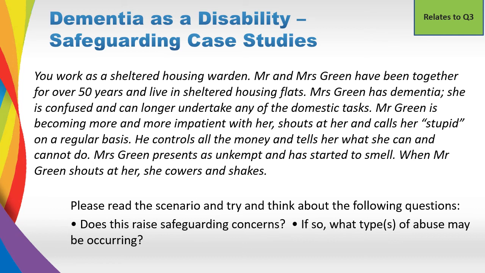He shouts at her and he calls her stupid on a regular basis. He controls all the money and tells her what she can and can't do. Mrs. Green presents as unkempt and has started to smell. When Mr. Green shouts at her, she cowers and shakes. So does this raise safeguarding concerns, and if so, what type of abuse might be occurring?